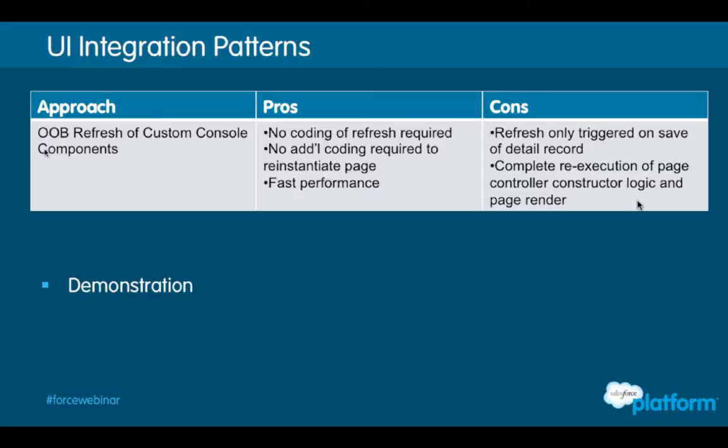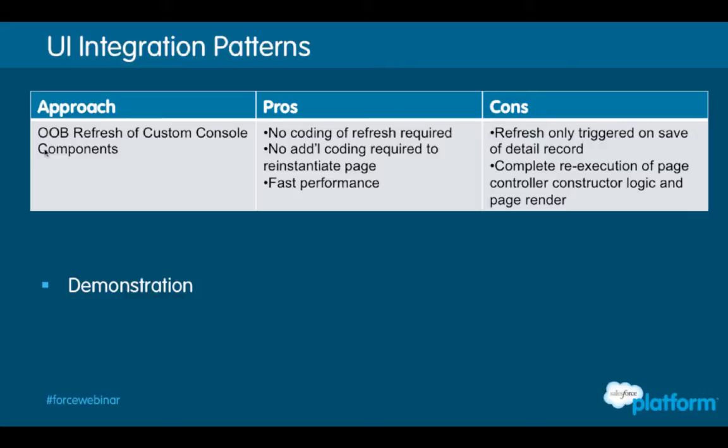And the ID of the detail record is automatically passed to all those components to give the context that your constructor logic requires to render whatever kind of details you want to render to your users. The cons with leveraging this approach is that the refresh is only triggered on the save of a detail record, and a complete re-execution of the page controller and constructor logic is triggered upon this.